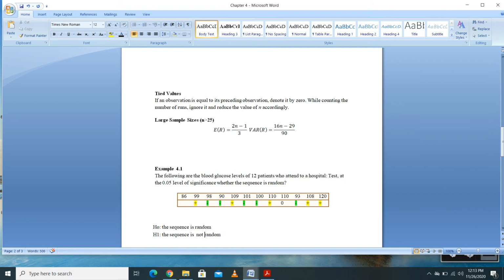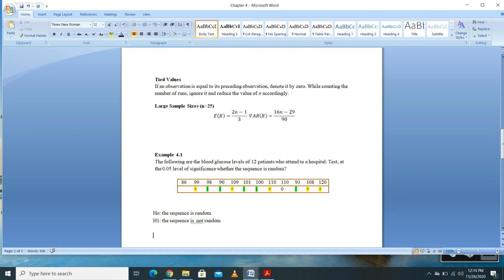Now this is our hypothesis and we have calculated the test statistic R. So how many runs do we have? 1, 2, 3, 4, 5, 6, 7. So the test statistic value is 7. We have calculated the number of runs.